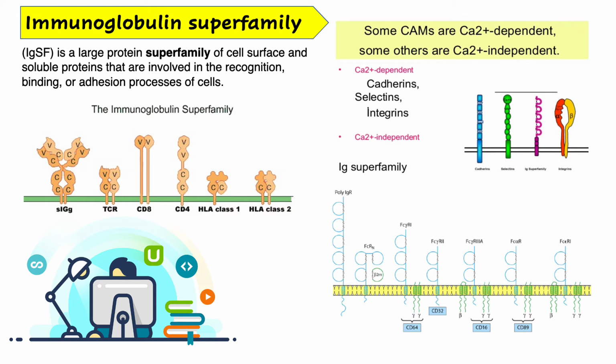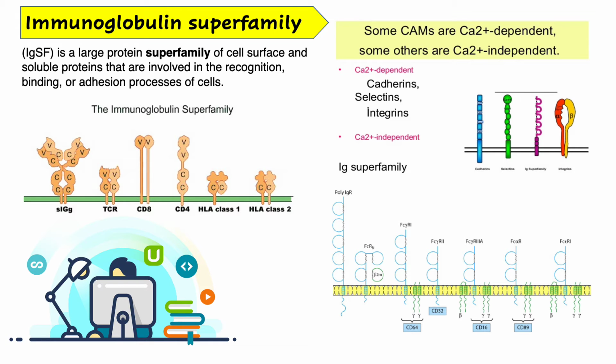Whereas the immunoglobulin superfamily is a large protein superfamily of cell surface and also soluble proteins that are involved in the recognition, binding and adhesion processes of cells. So as we can see, this is the superfamily of the immunoglobulin: IgG, TCR, CD8, CD4, HLA class 1 and also HLA class 2.